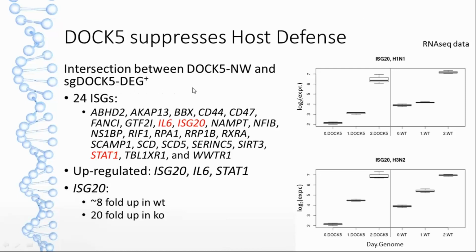So in detail, what we actually identify and see in our analysis, and we should come to an end, is that some of the interferon-stimulated genes are in both the network and the upregulated DEGs, so they are all apparently suppressed.